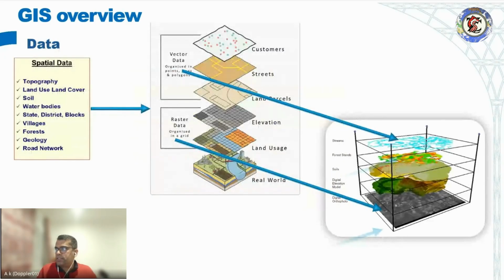So how does it work? Spatial data in GIS is in layers. When you see a Google map, at the very bottom or at the very base, there is a map of all the greens, blues, yellows that tells what land cover it is, whether it is a park, a water body, or a building.